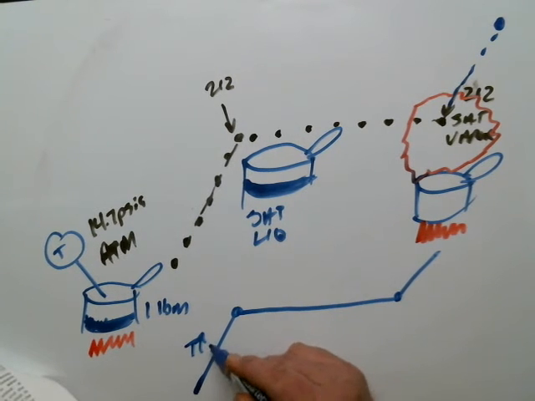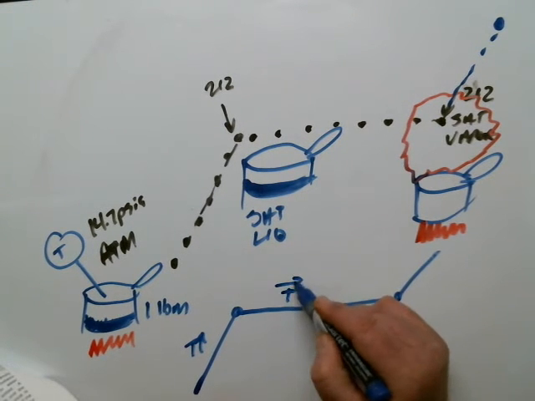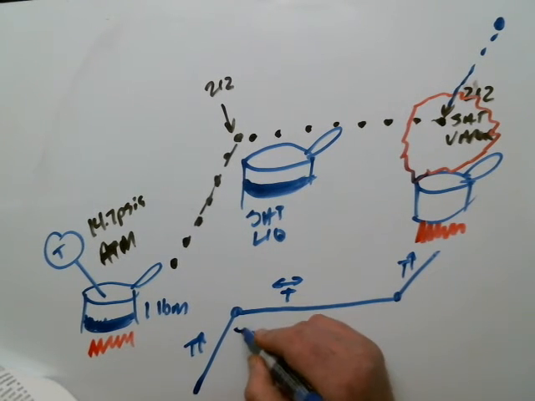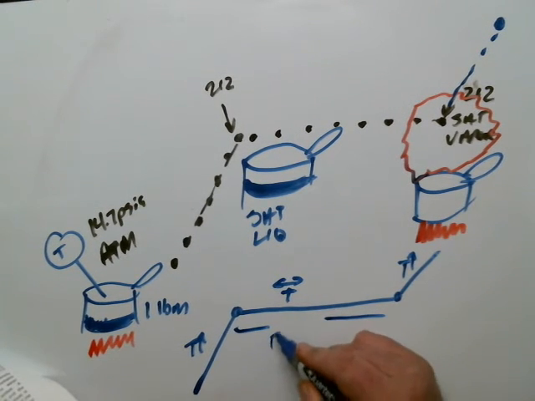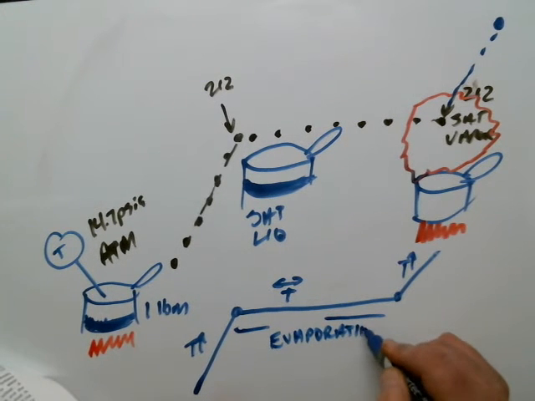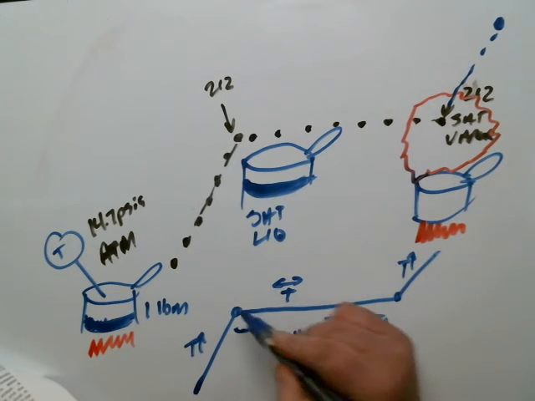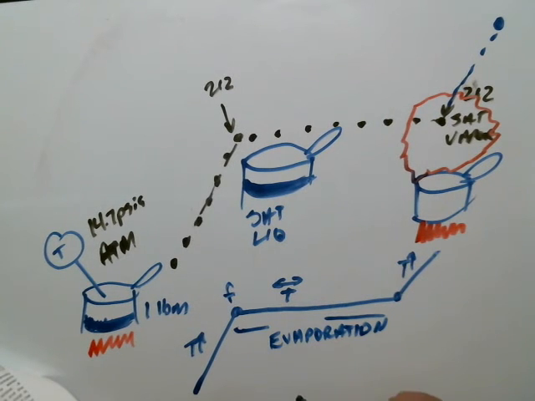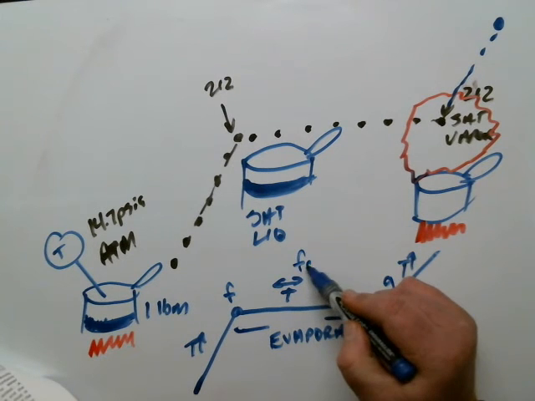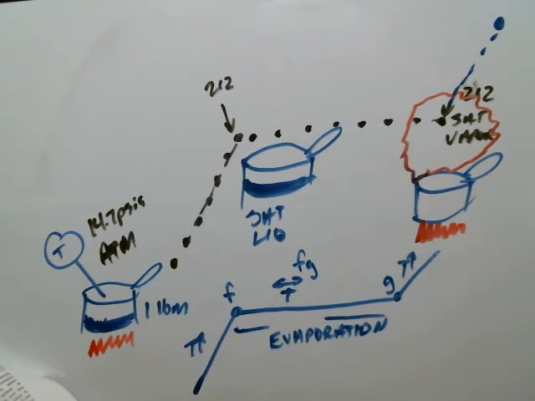Temperature rises, then remains the same, and then rises again. Evaporation is occurring between these 2 points at a constant temperature. We said this point will be considered the F point, and this the G point, and the distance between them was known as FG. Very key.